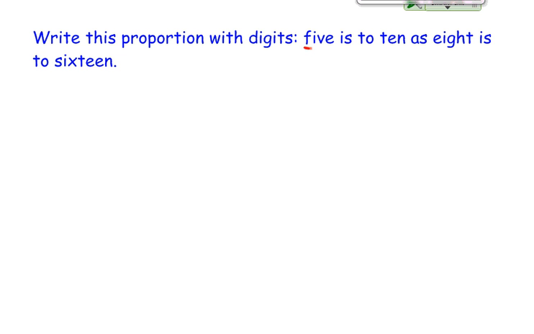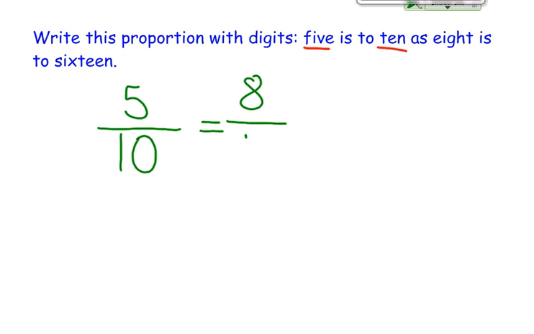So we have this is to this. And so we're going to start with 5. 5 is to 10, as, right, so it's going to be equal to 8 is to 16.